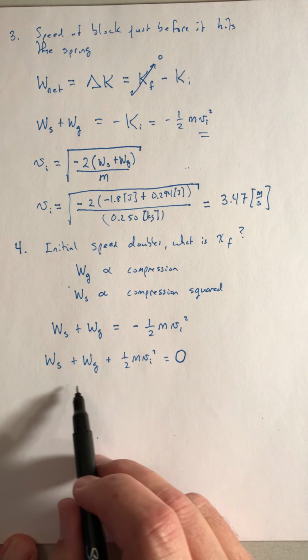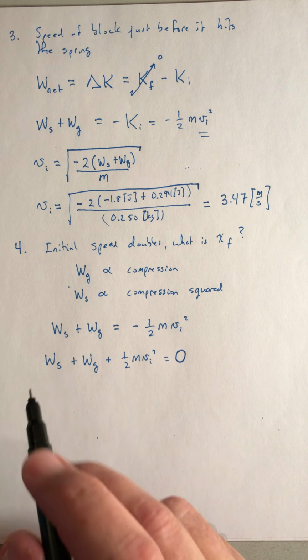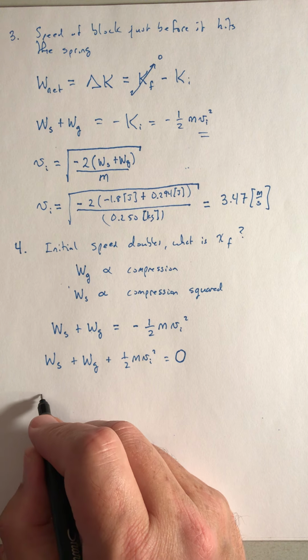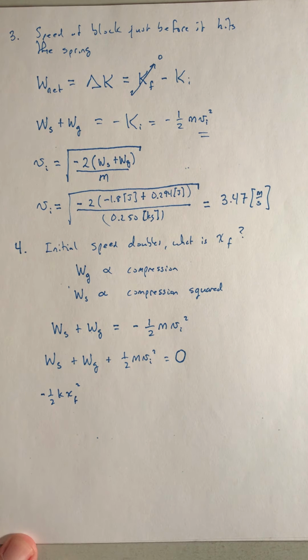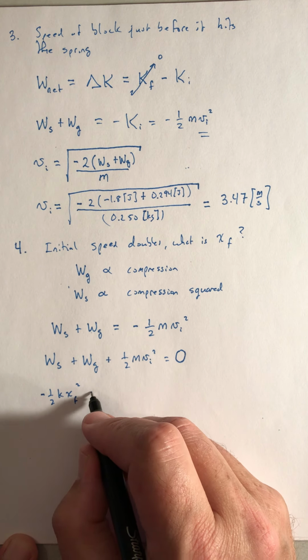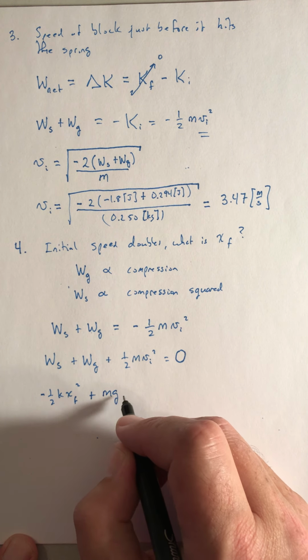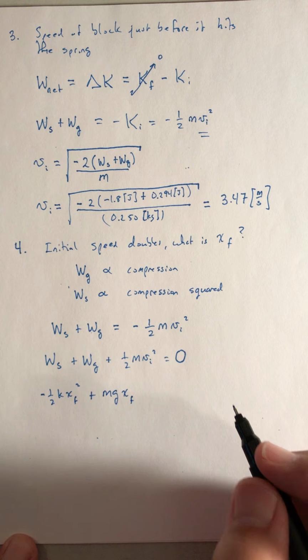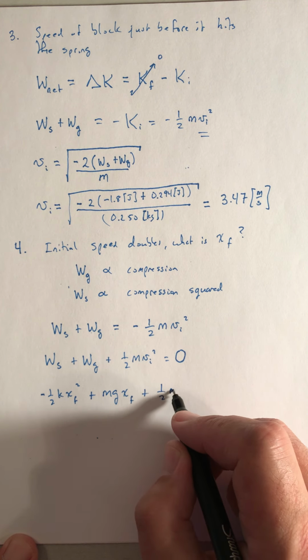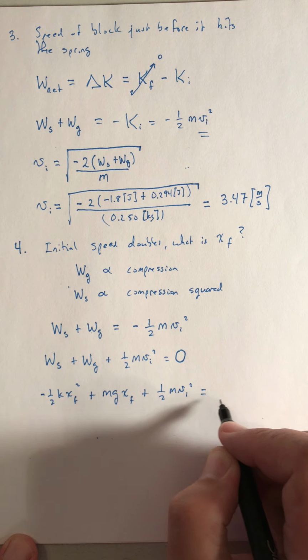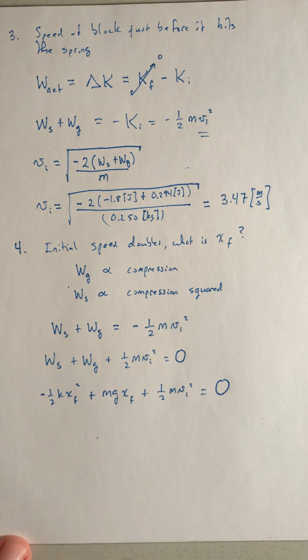And let's write out what these works are. The work done by the spring is minus a half k x final squared, work done by gravity is plus mg x final, and then our initial kinetic energy, a half m v initial squared, equals 0.